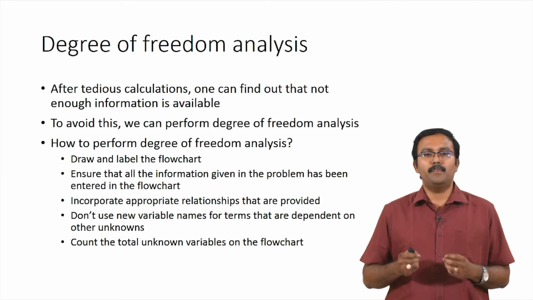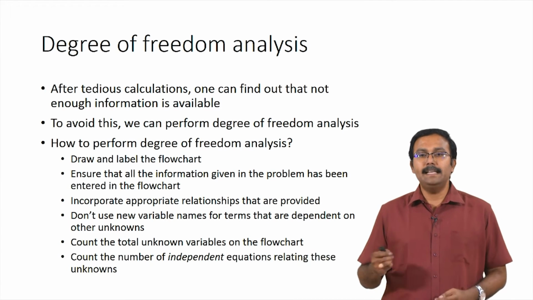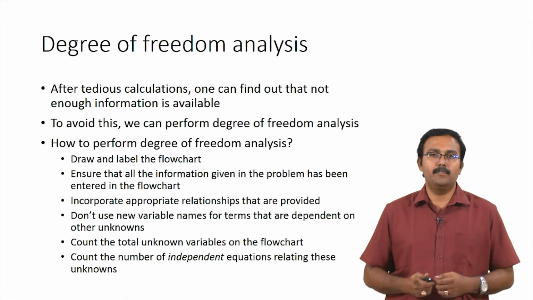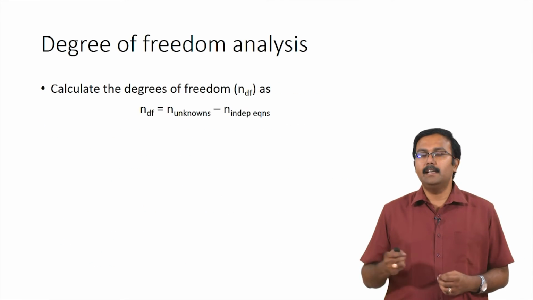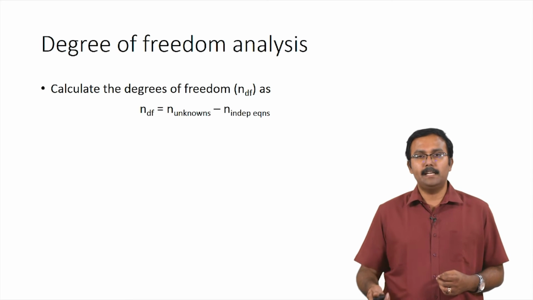Count the total number of unknown variables in the flow chart, and then count the number of independent equations that you can write which relates these unknown variables. You can actually calculate the degree of freedom as number of unknowns minus the number of independent equations.